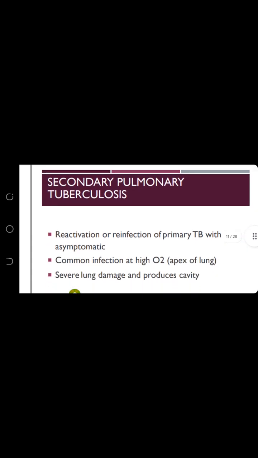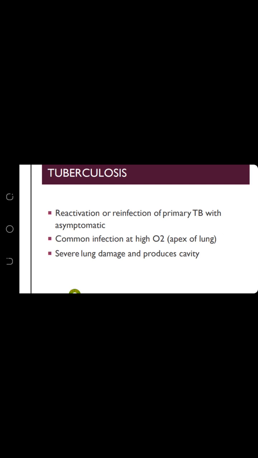Okay, then let's look at secondary pulmonary tuberculosis. This one is the reactivation of primary tuberculosis, which is asymptomatic. So the secondary one does not show any signs and symptoms. The primary one at least usually shows some signs, but the secondary one is asymptomatic.